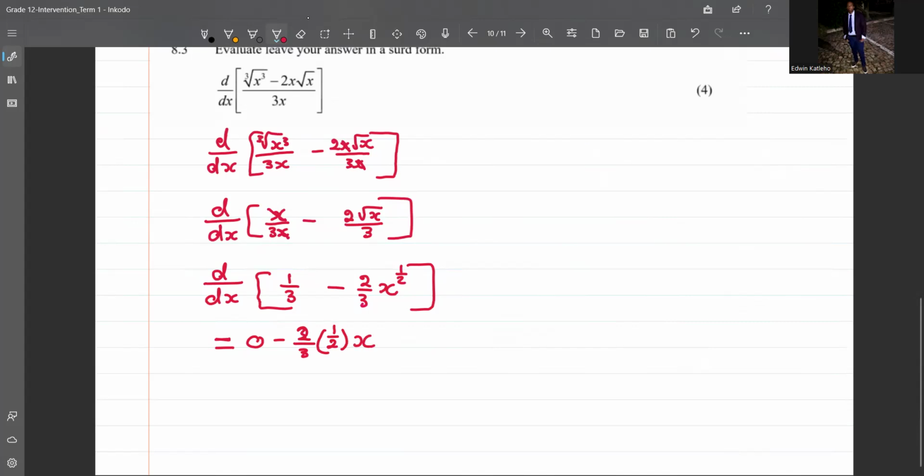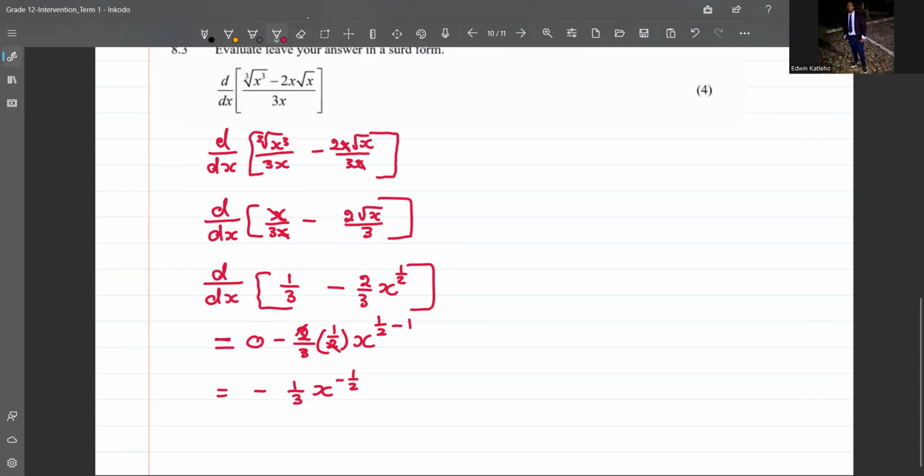And then we take x and subtract 1 from our exponent. What are we then going to get? 2 over 3 times by half, we would get 1 over 3, because 2 cancels 2 here. And then we have x to the power of half subtract 1. We get negative 1 over 2.